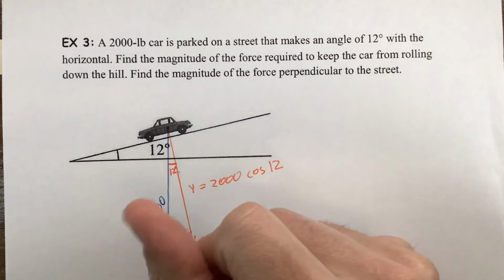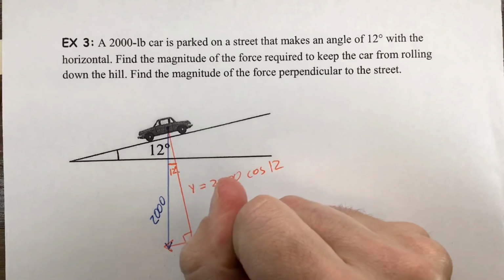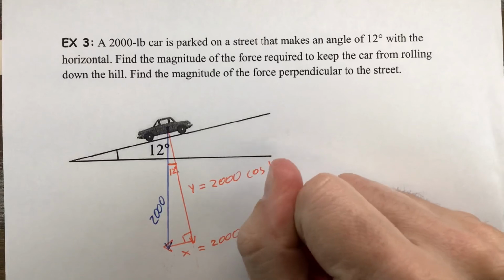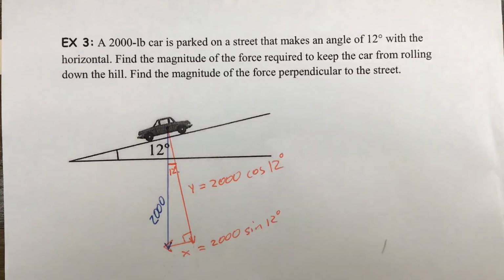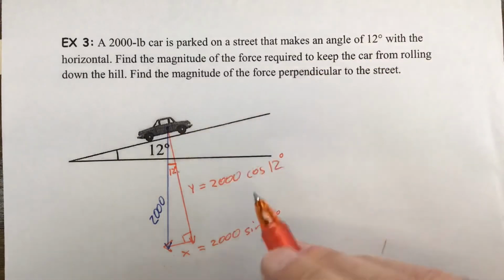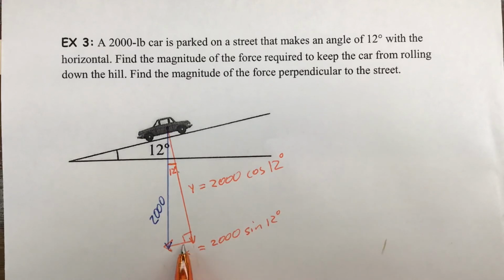And then what I called the x over here is going to be 2,000 times the sine of 12 degrees. There's a little bit of conflict in how I chose my letters. I chose this to be x, that to be y. Y is typically associated with sine, but because of the way that I drew the picture, this side right here is adjacent to the 12, so you need to use cosine. This is opposite to the 12, so we're going to use sine.